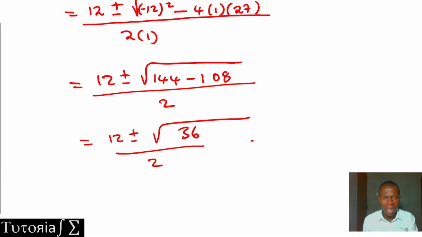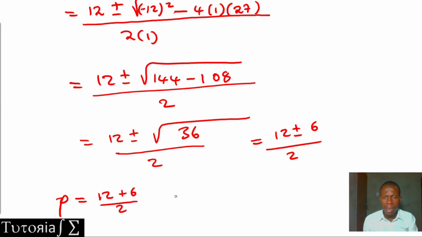So this can be written as 12 plus or minus 6 all over 2. So which is P equal to 12 plus 6 over 2, and also P equal to 12 minus 6 over 2.